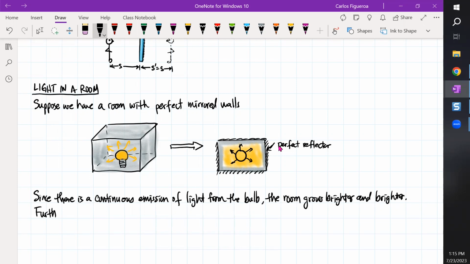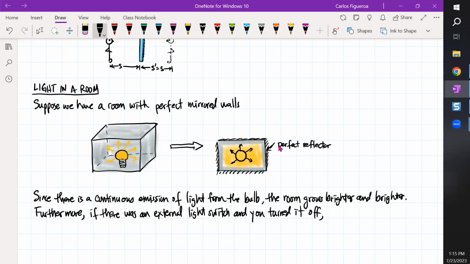Furthermore, if there was an external light switch and you turned it off, the room would stay lit.